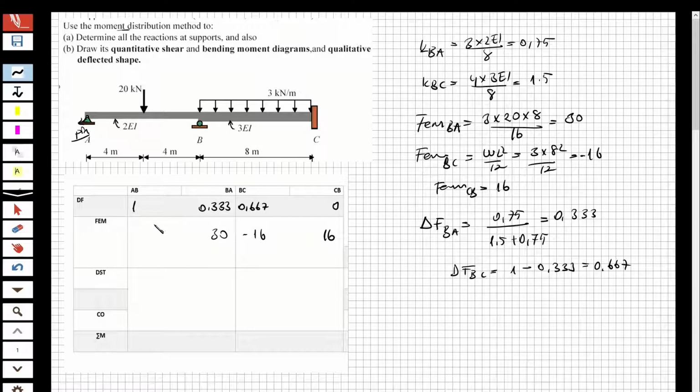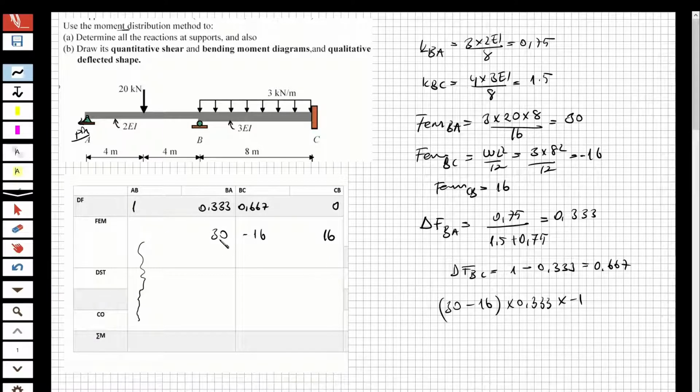Now we have the distribution factors and fixed end moments, so let's distribute these moments. I'm going to take the summation of both moments. I won't make any carryover to this side because I use the modified formula. So 30 minus 16 multiplied by 0.33 and multiplied by minus 1.